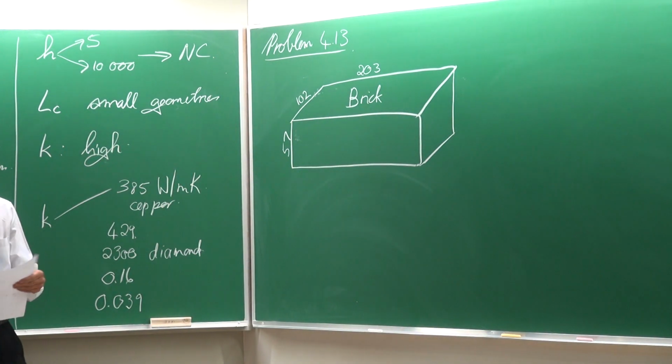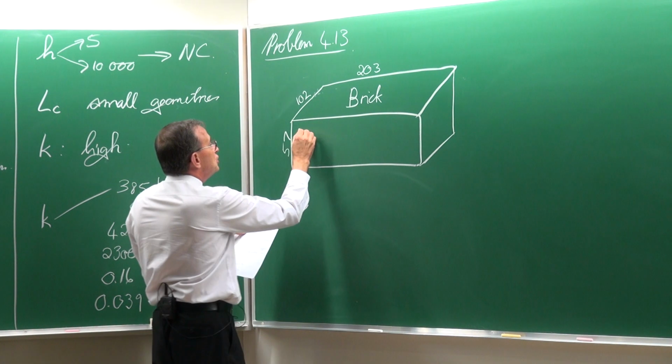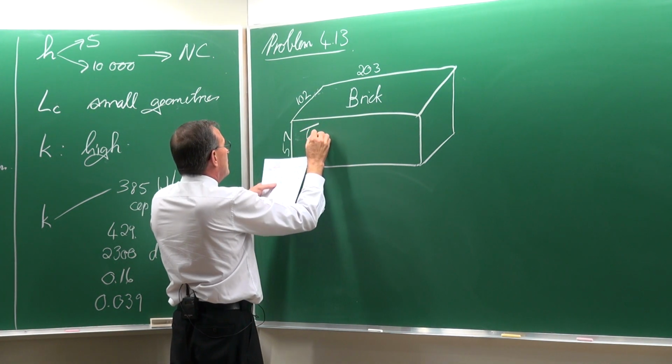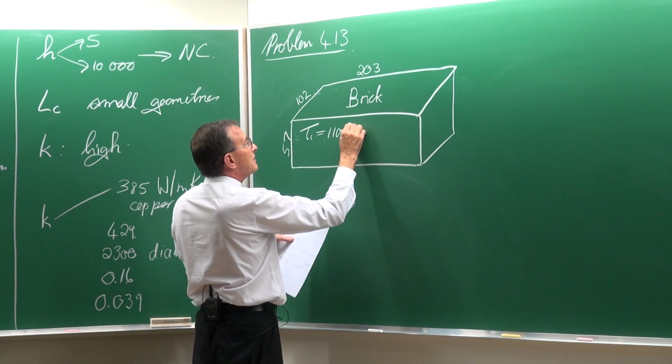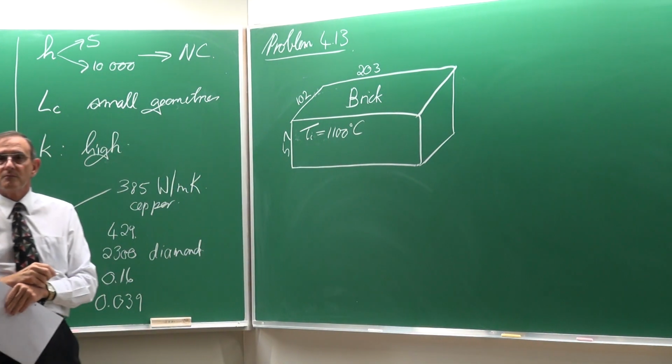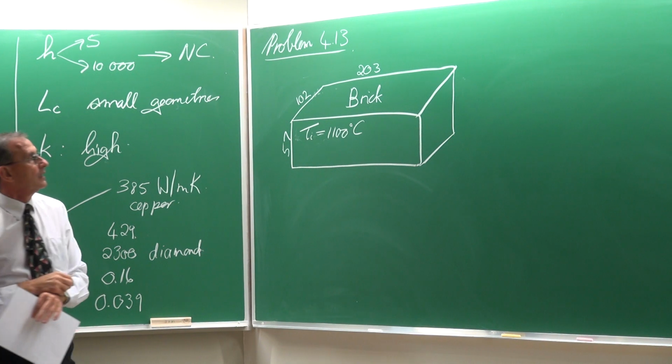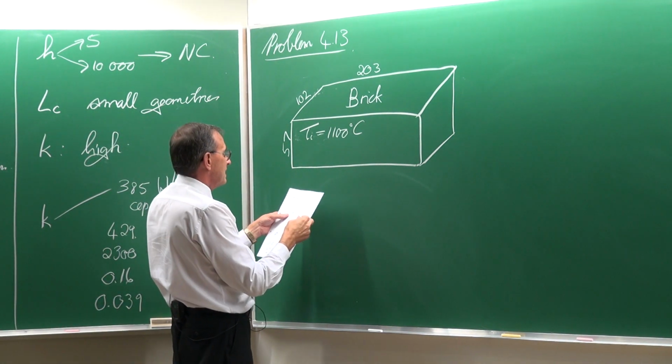Typical brick. Initially, it was in the kiln with a temperature of 1,100 degrees Celsius. It was heated in a kiln, 1,100 degrees Celsius.